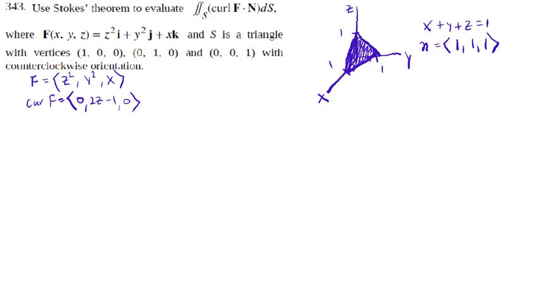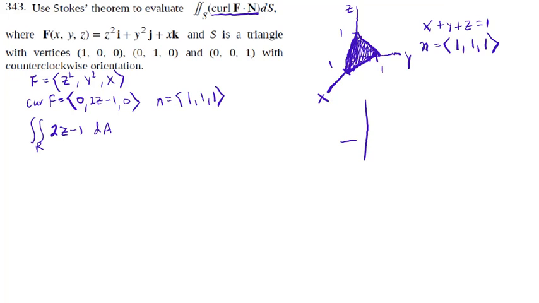So, if that's the normal vector, then we can do the dot product of these two, and that would be 0 times 1, 2z minus 1 times 1, and 0 times 1, all added together, which would just be 2z minus 1. And so we need to integrate that over a region, that region being what we get when we look at the projection of this surface onto the xy plane.